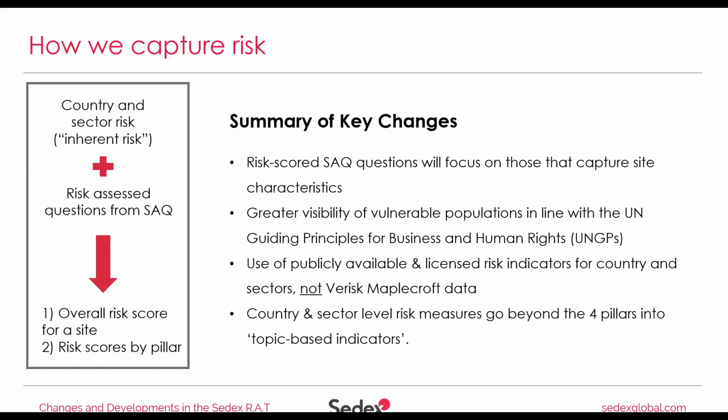We take indicators on that, and then we add that together with outputs from the self-assessment questionnaire in the form of risk assessed questions. And we then bundle that together to provide an overall risk score for a site or a business. And that risk score is partitioned into risk scores by pillar. And when I say by pillar, I mean by the SMETA pillars that Sedex use. And they are labour, environment, business ethics, and health and safety.